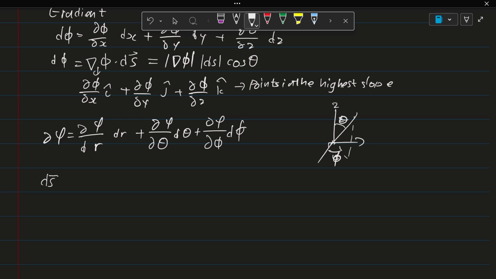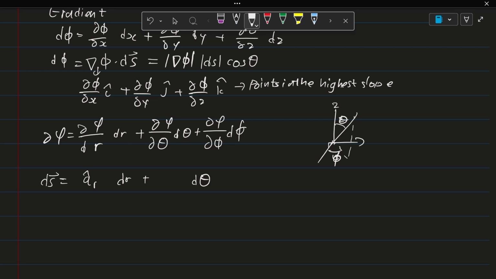Now you could figure out what the ds vector is here. If you only change the parameter r, it would be a change in the a hat r direction, so it's dr. After that, think about the role of d theta.